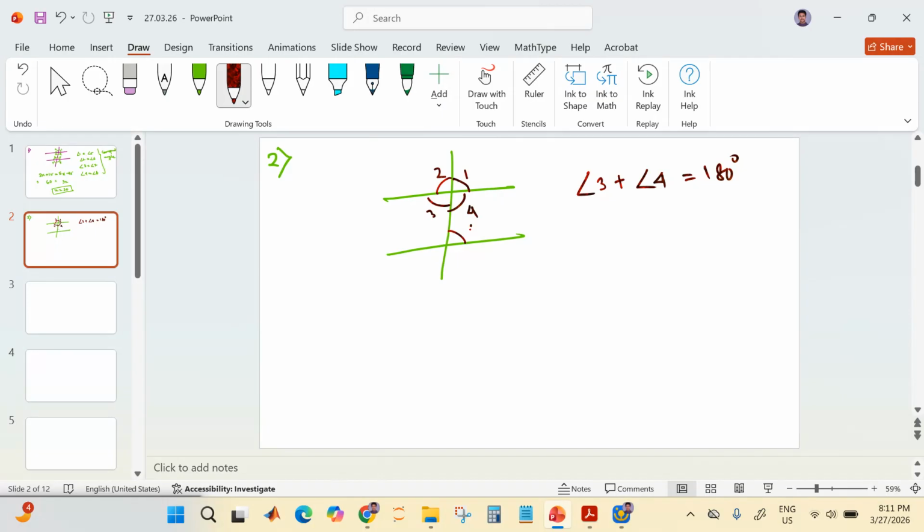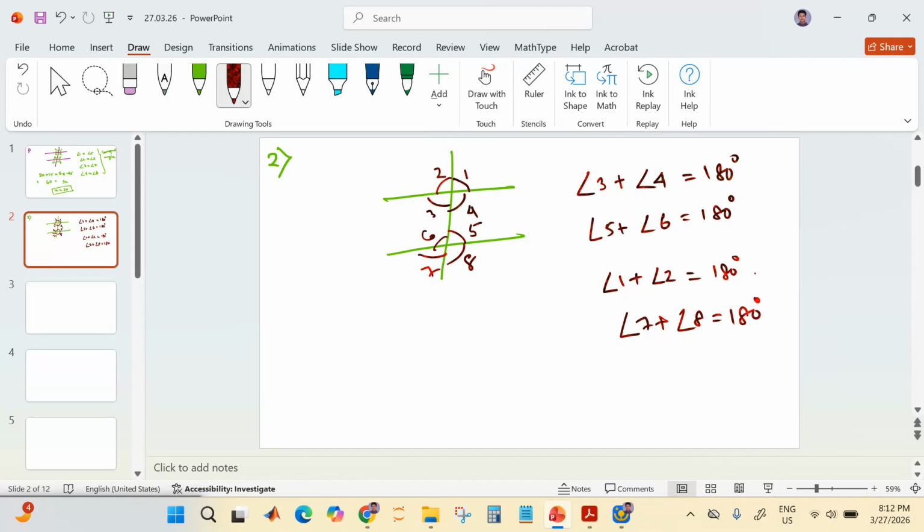Similarly, for angles 5, 6, 7 and 8, we can write angle 5 plus angle 6 equals 180 degrees. You can also write same side exterior angles: angle 1 plus angle 2 is also 180 degrees, and angle 7 plus angle 8 is also 180 degrees.